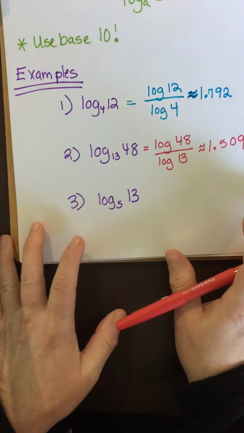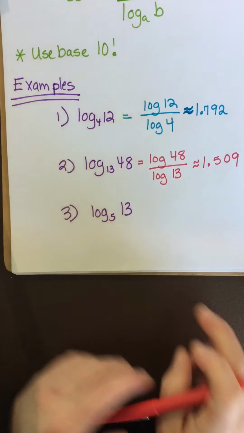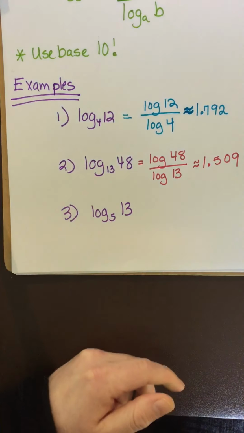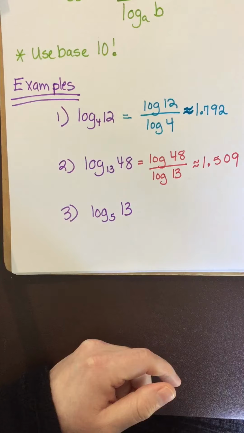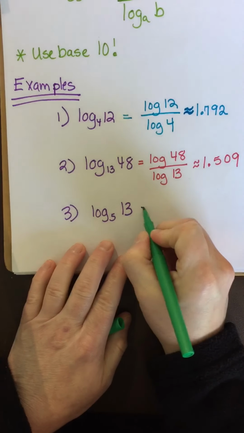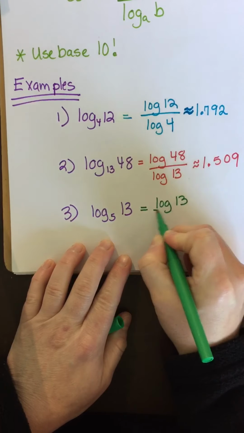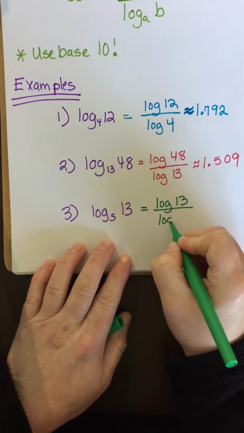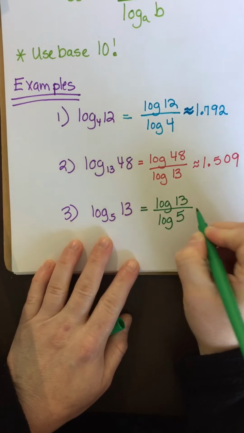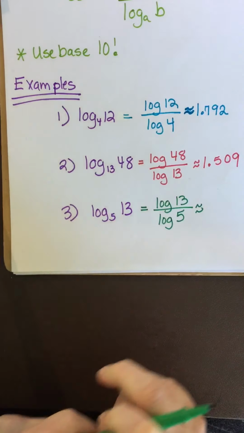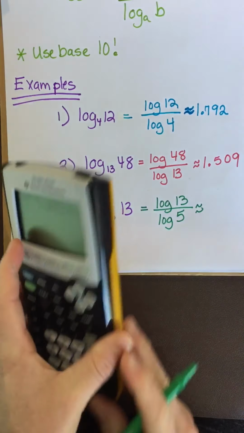We have the log base 5 of 13, and I can't do that in my head, so I'm going to change it to the log base 10 of 13 divided by the log base 10 of 5. I'm going to put that in my calculator.